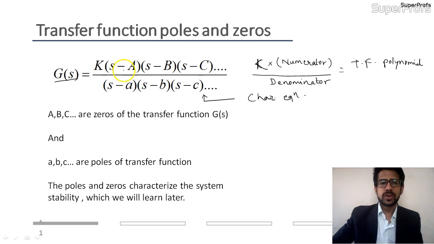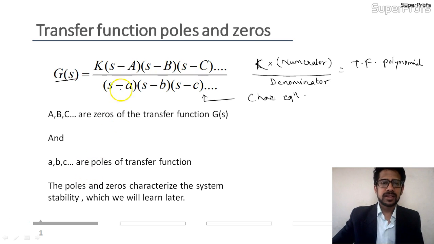The roots of the numerator, which are capital A, capital B, capital C and so on, are known as zeros of the transfer function, because putting s equal to capital A or capital B or capital C and so on will give the value of G(s) to be 0, and hence these values of s, or the values of the frequencies which s takes up, are known as zeros.